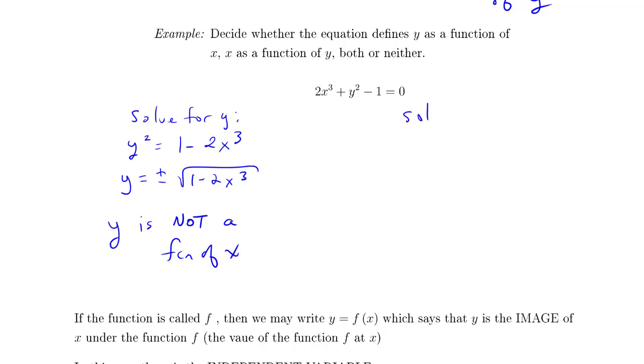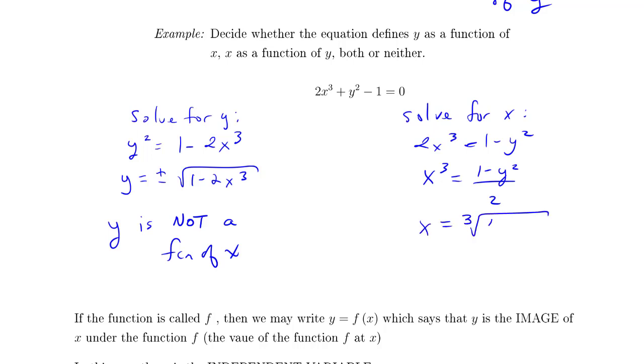All right, let's try the other way. All right, so I get 2x cubed is 1 minus y squared. I get x cubed is (1 minus y squared) over 2. I get x is the cube root of (1 minus y squared) over 2, whole thing under there.